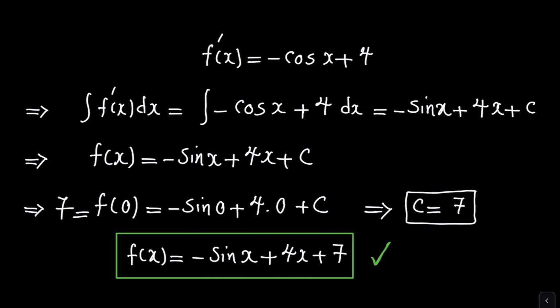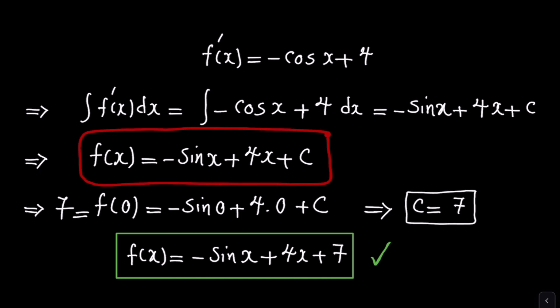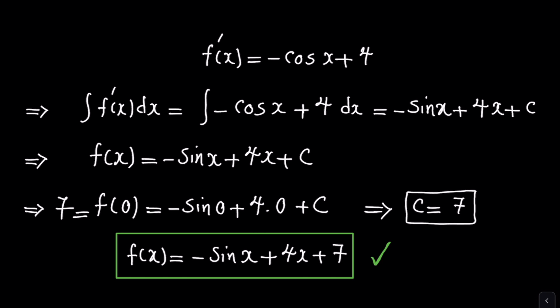We know that sine of 0 is 0 and 4 times 0 is 0, so these two terms will go away. In the right-hand side, you have c. In the left-hand side, you have 7. So that means that c equals 7. Now, if I go back and replace c by 7 in this formula, I will have a formula for f. So f is minus sine x plus 4x plus 7.